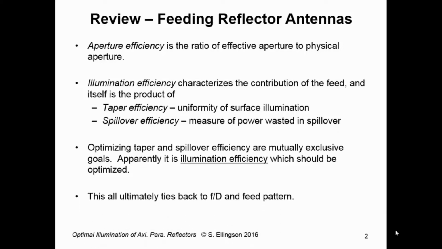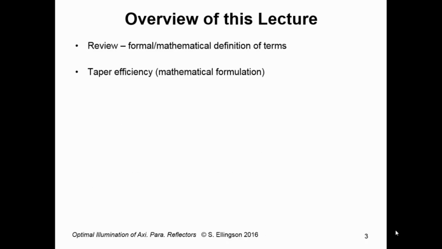And then all of this ties back to the issue of f over d, that is focal distance relative to diameter, and feed pattern. So, what is this lecture about? First, a formal mathematical definition of the terms that we used on the previous slide. We'll come up with a mathematical formulation for taper efficiency. We'll come up with a mathematical formulation for spillover efficiency.